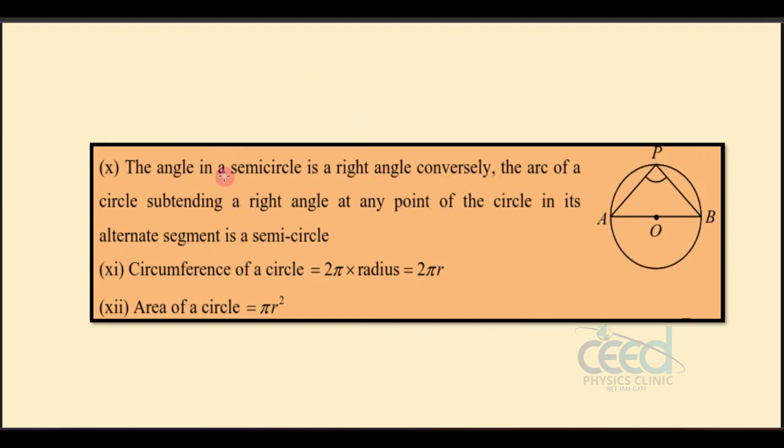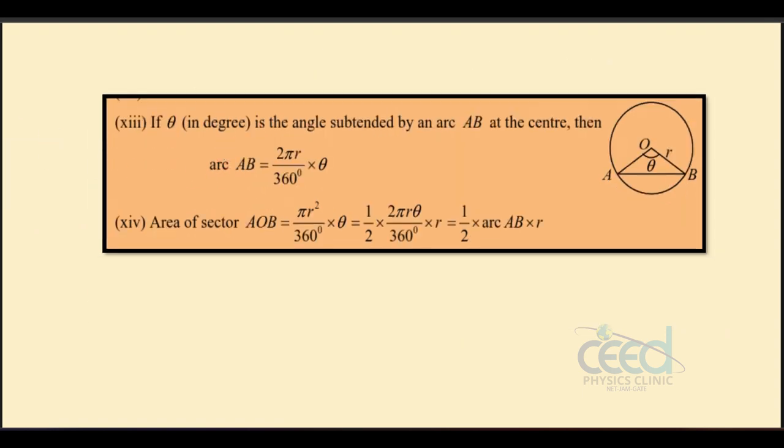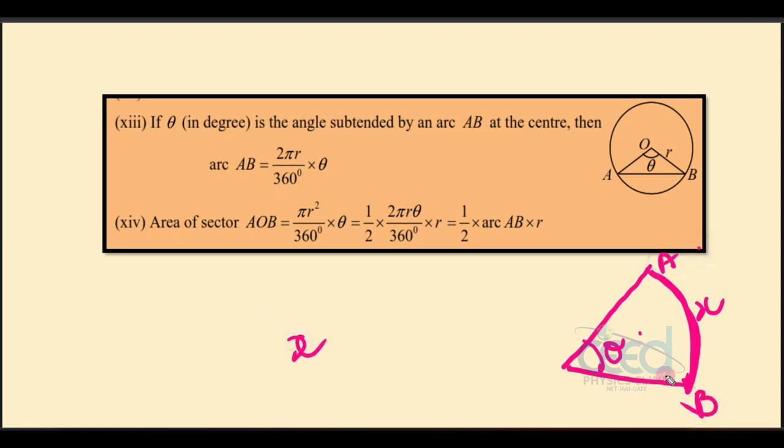So next is arc length, very important. Suppose one arc is enclosed with an angle theta. What is this arc length? This is x, so x is equal to AB.